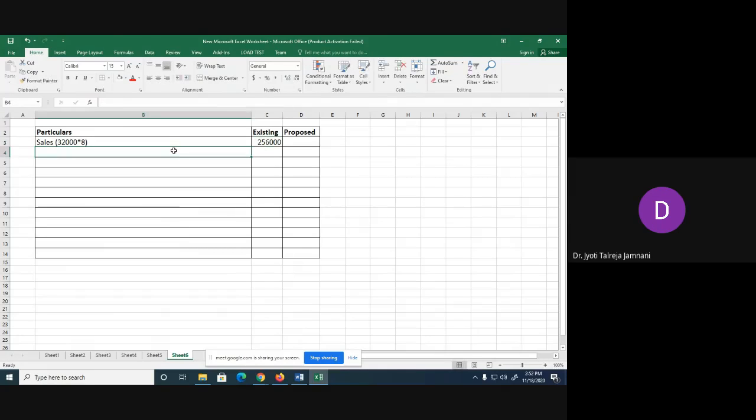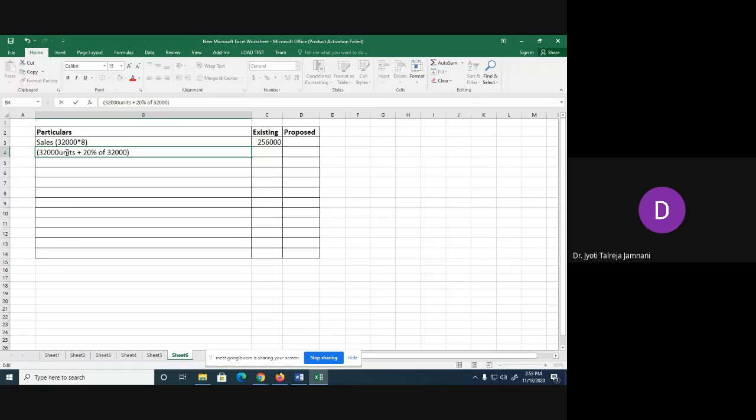In the new, they are telling that your sales will increase by 20%. That is, the number of units sold will increase by 20%. So 32,000 units plus 20% of 32,000. That means on the original you add 20%.